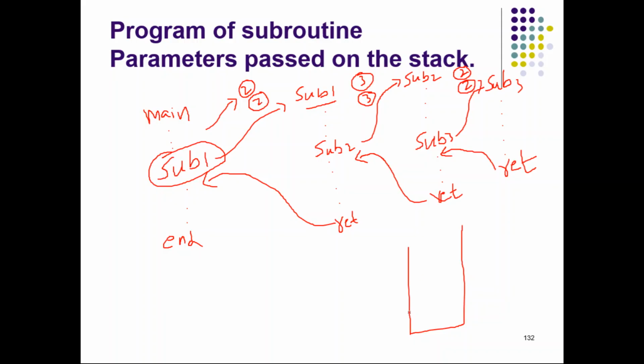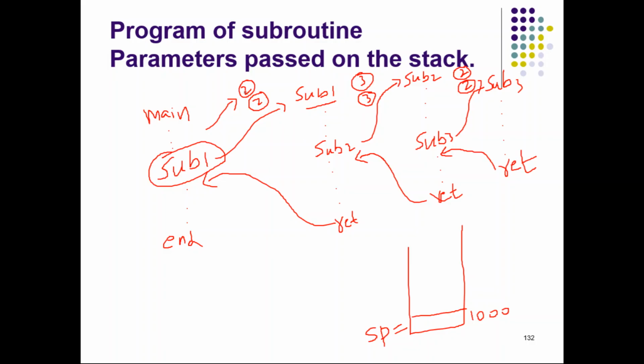So this itself, how many pushes will it do? 4 pushes. Originally the stack pointer is here, say at location 1000. Then after pushing all these values, let us assume the word size is 4 bytes, each of the 4 pushes takes 4 bytes.